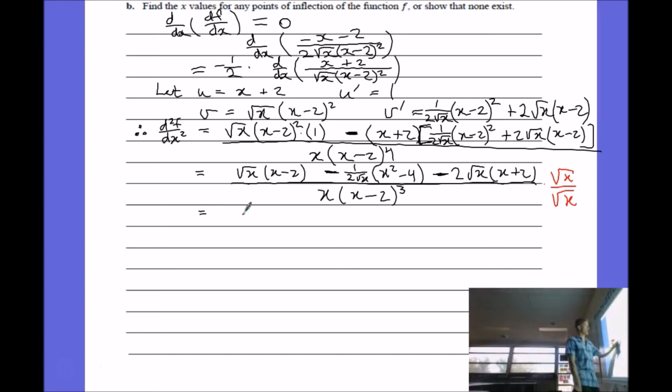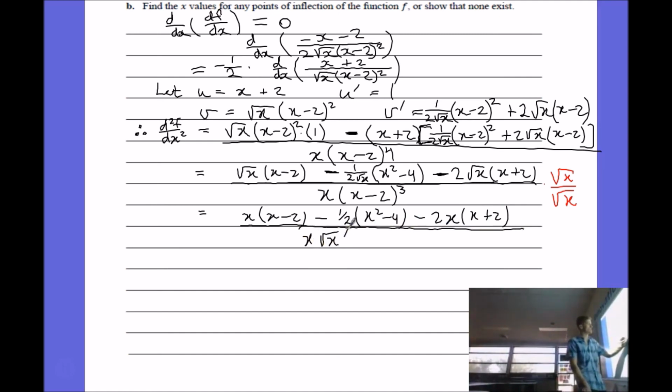Well, that'll be x on the first term, this root x times this term over here, x minus 2, minus, square roots will cancel here, so I've just got a half x squared minus 4, subtract 2x plus 2, all on x root x of x minus 2 cubed, coming along.